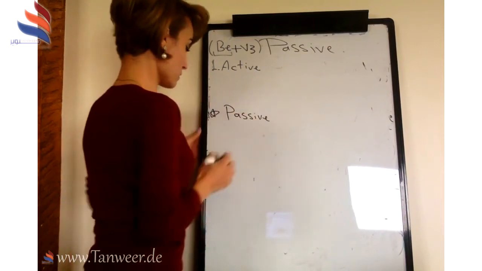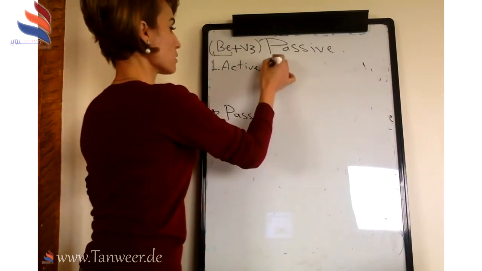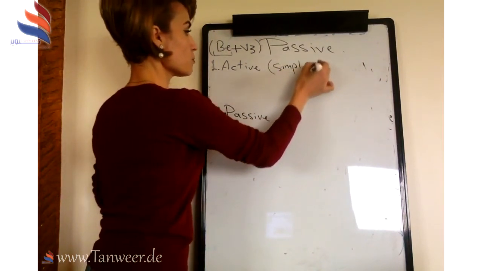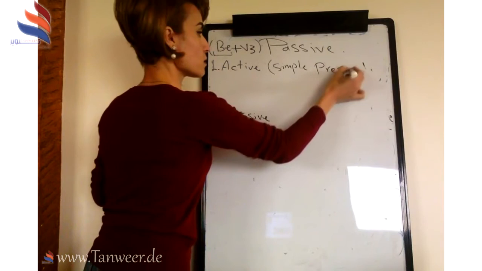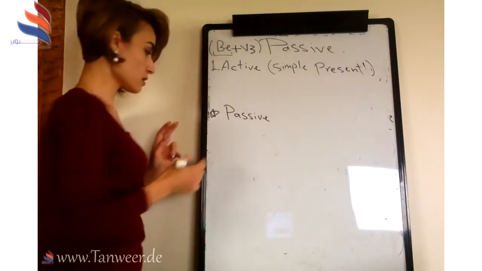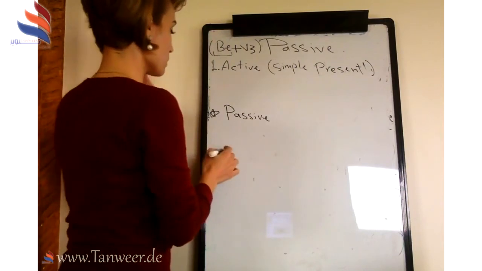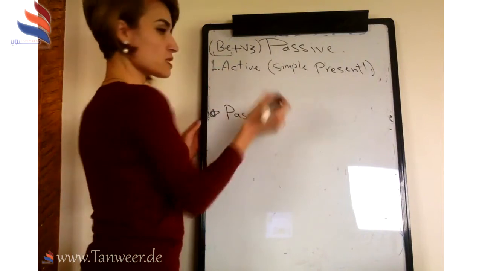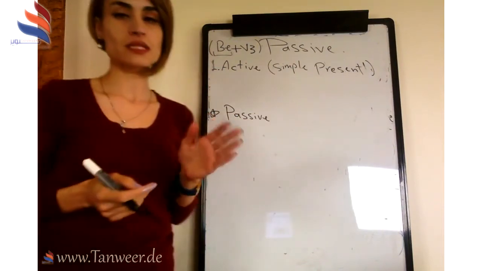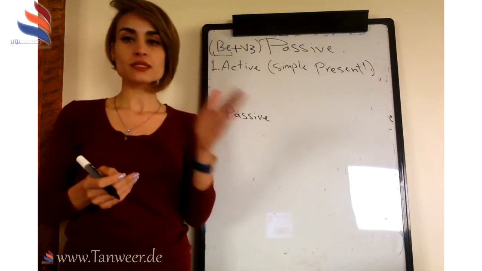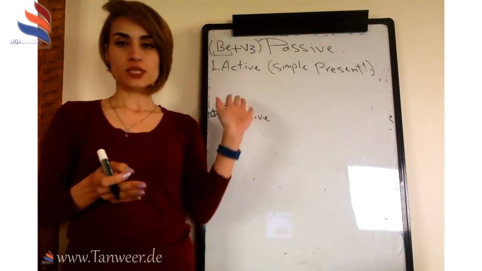Passive. Simple present. Okay? Then let me start with the sentence. I will keep the same sentence, guys, because you will see how we change the same example in each tense, okay?